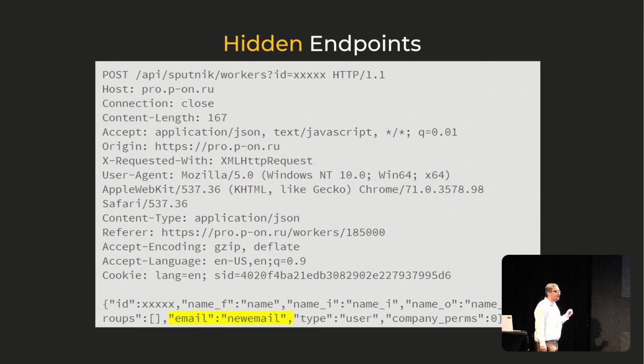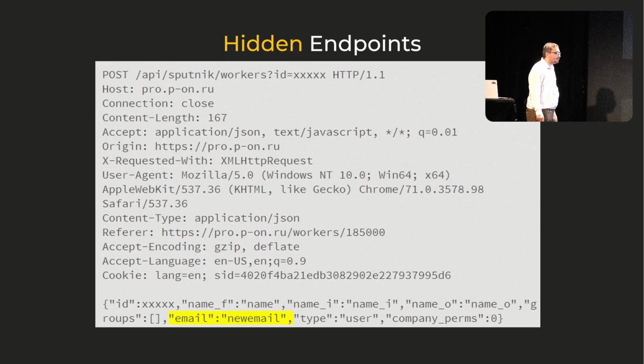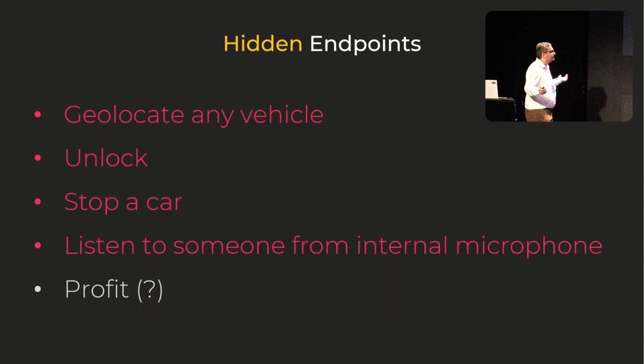This was an internal workflow that Pandora had so that it could update the user to change their email to a Sputnik Pandora email and then update it. What we could do is change the ID, change the email, then set a reset password, and boom, geolocate any vehicle, unlock, stop a car. That also had a really nice internal microphone that you could snoop into users and profit.